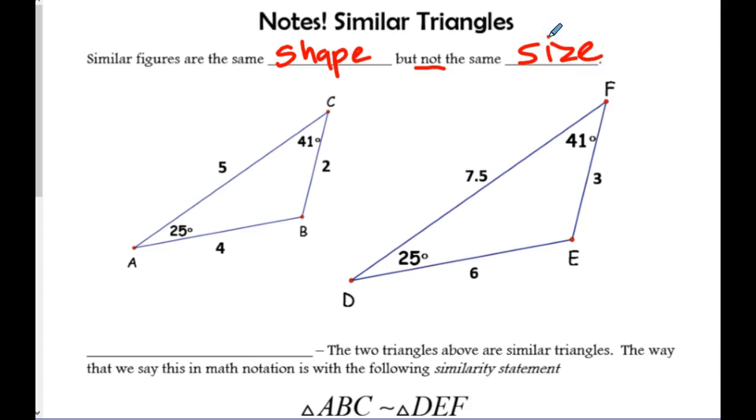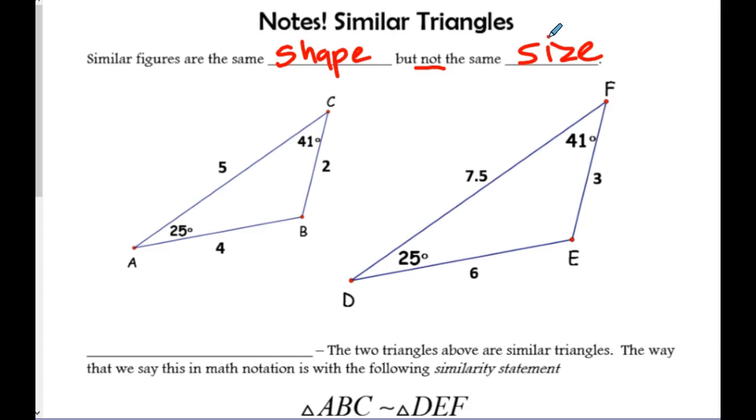So again, similar does mean the exact same shape. However, similar does not mean the same size. It is a different size. Basically, you zoom in on it, or you zoom out on it, okay? That's it. It's either bigger or smaller, but it's the same exact shape.